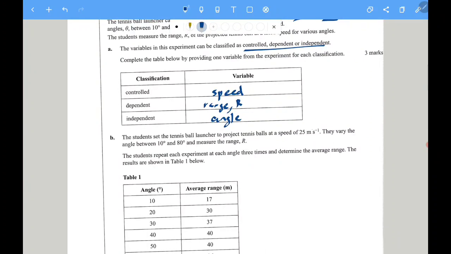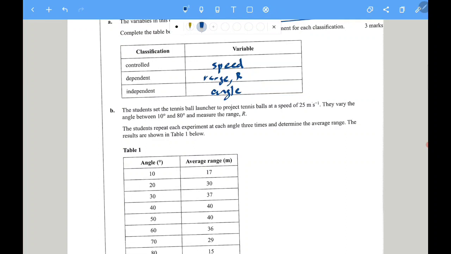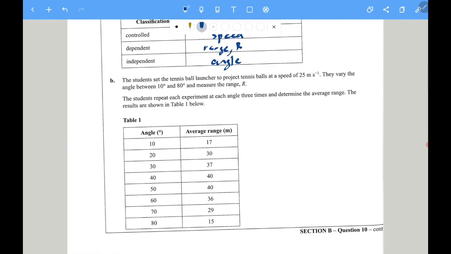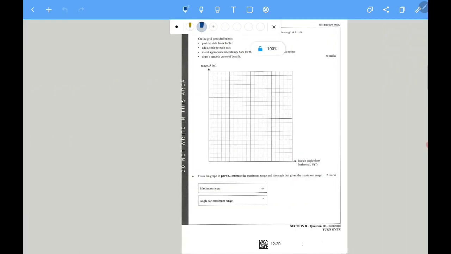The students set the tennis ball launcher to project tennis balls at 25 meters per second. We are trying to vary the angles and see the effect on the average range. The students repeat each experiment at each angle 3 times to reduce the effect of random errors. And we have the data in the table.